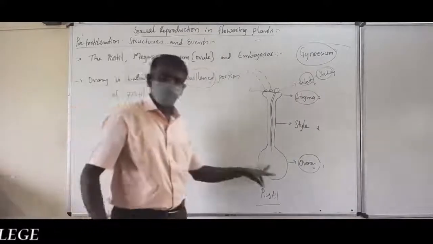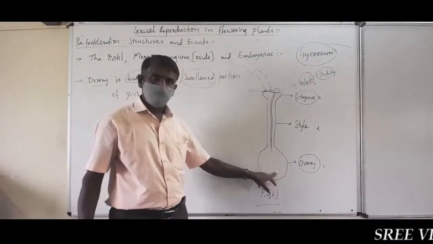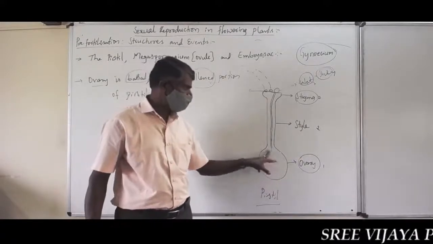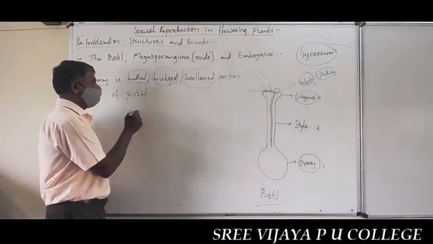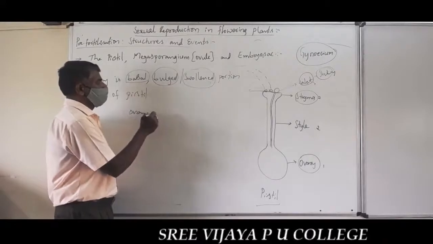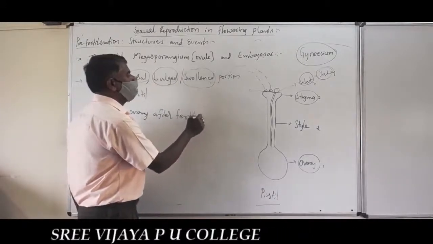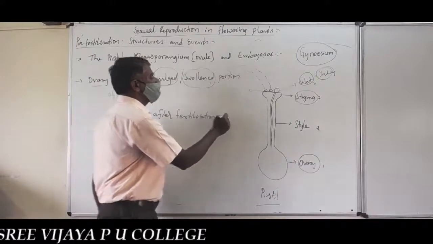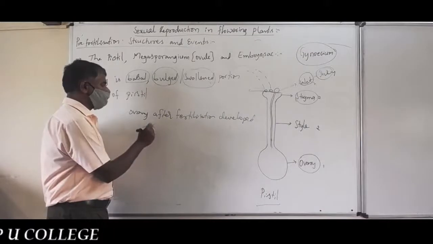It is bulged due to the growth of ovules. After fertilization, the ovary develops as the fruit.